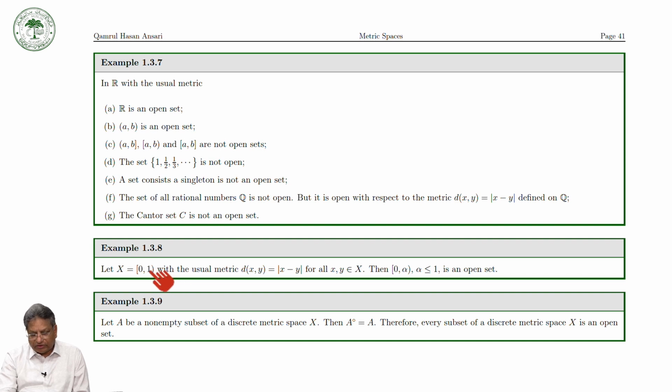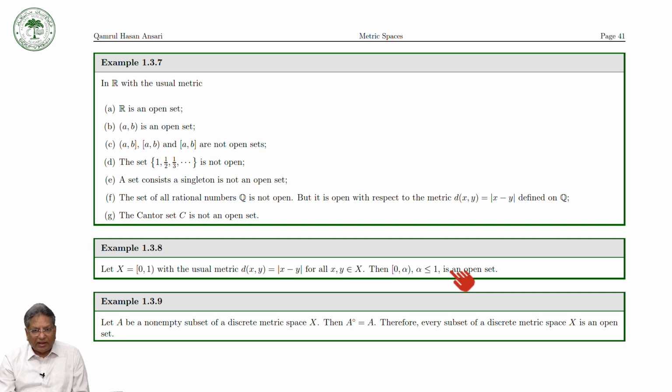And not only this set, but all the intervals of the form [0, alpha), where alpha is less than or equal to 1, are open sets. So the open sets in this space may be of this form, where alpha is less than or equal to 1.